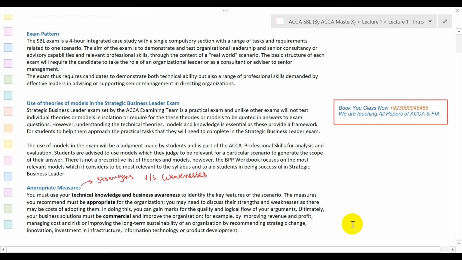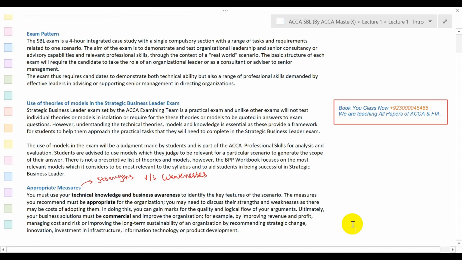Now, there can be two different situations. For example, if the company is struggling with cash flows, profits, or revenues, then as a business leader we will suggest how the company should improve its profits and revenues. On the other hand, if the company is making very good profits and revenues but has some negative environmental issues, then the stakeholders of the company can complain that this organization must be closed.